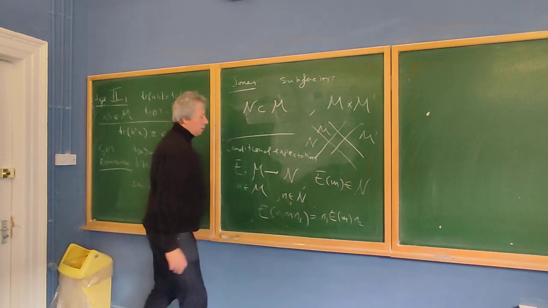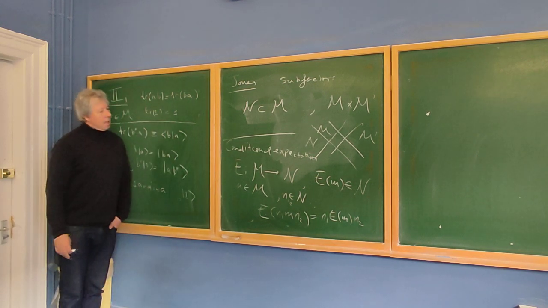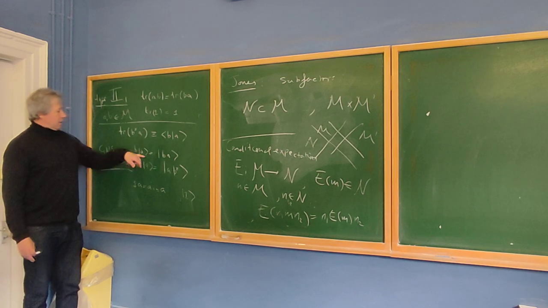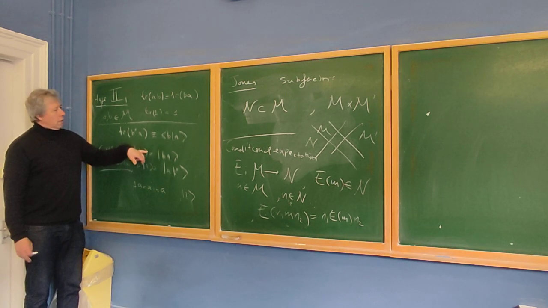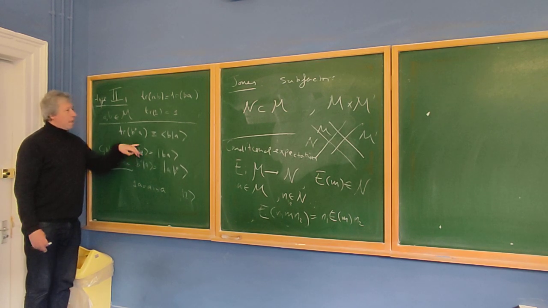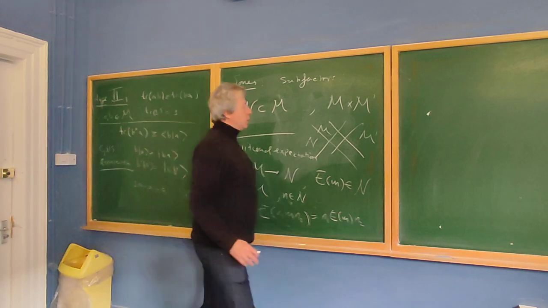It's a linear operation also, and so now I can define a projector on this algebra, so on this Hilbert space. So I'm going to define what I call the Jones projections.